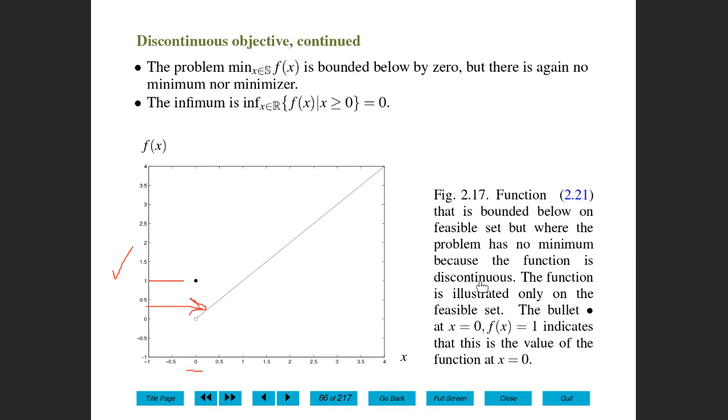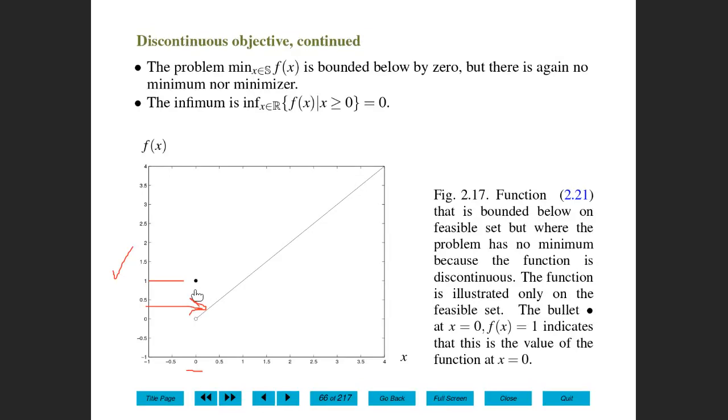And we call it a discontinuous function because there is a discontinuity. Like f of x is equal to x, as we approach x is equal to 0. But as we get to x is equal to 0, the function value gets to 1. That is why there is a discontinuity. We get all the way to this point, but at x is equal to 0, the function value gets to 1.